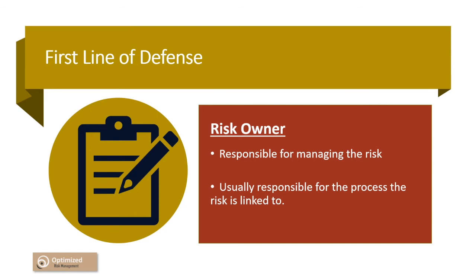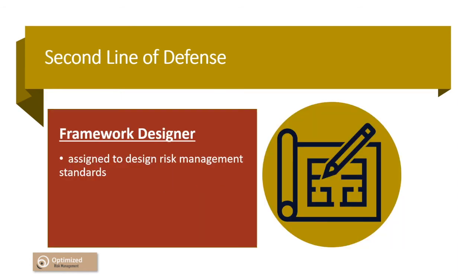For this reason, a second line of defense is often established to help counter those biases. Depending on the size and complexity of your organization, a person or an independent risk management function is established to objectively design the standards for managing risk. They also monitor and challenge how well the first line of defense is meeting those standards.